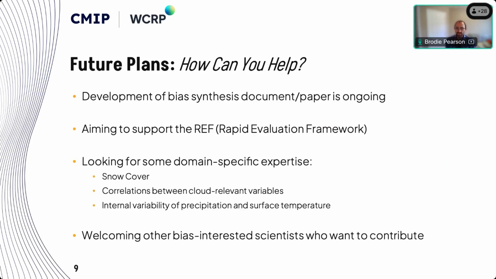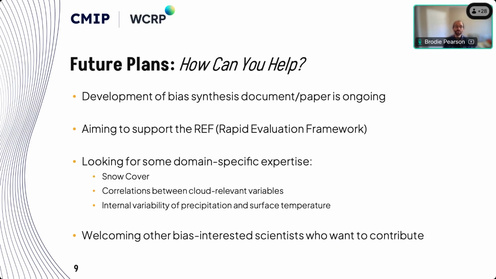And then the place where it could be really useful to glean your help, if you're interested in these bias-related issues, is that we're looking for domain-specific expertise. There are some biases where, even though we have almost, I believe, 25 to 30 people in this project team, there are still some gaps in our expertise.